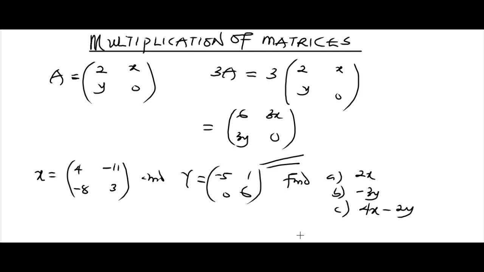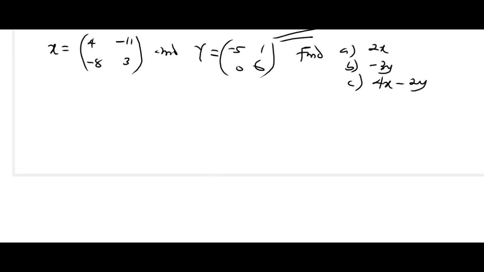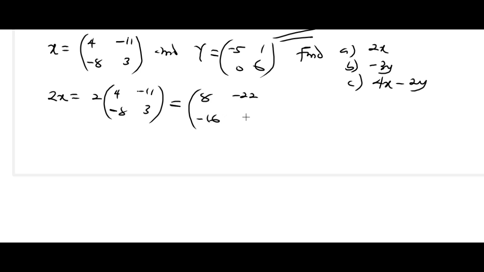So how do we tackle this problem? The first thing is to find 2X. So 2X will be 2 into 4, -11, -8, and 3. So you multiply all of these elements by 2. 2 times 4, you have 8. 2 times -11, that's -22. 2 times -8, that is -16. 2 times 3, that is 6. So we are through with A.